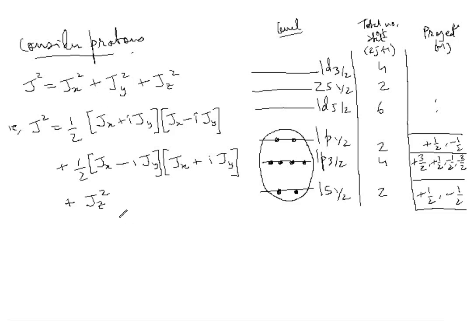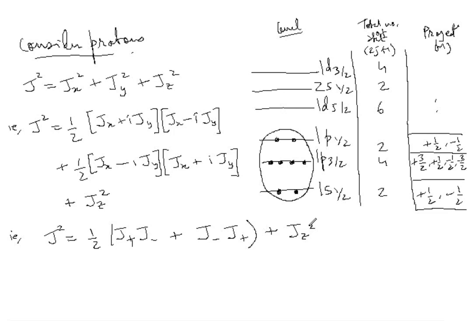I can write it like this. So this means I can write j square is equal to half of j plus operator, j minus operator, plus j minus j plus, plus jz square.